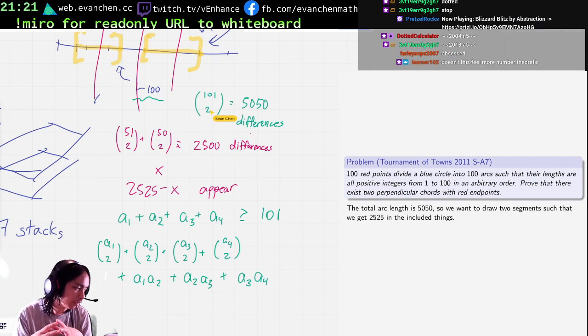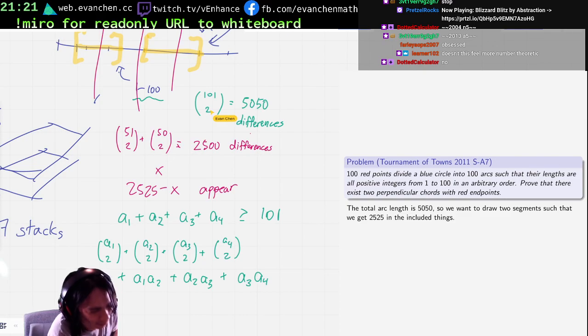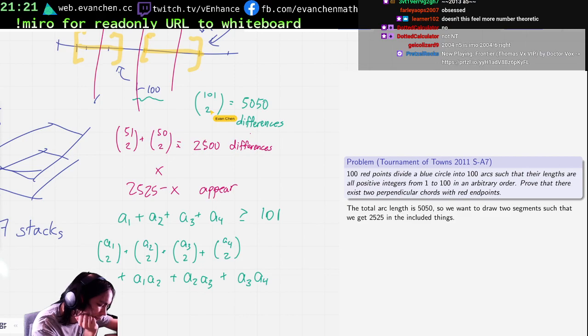Surprisingly, 2004 N5 is actually not in my database. Doesn't this feel more number theoretic? No, it's additive combinatorics! It's that topic! Okay.